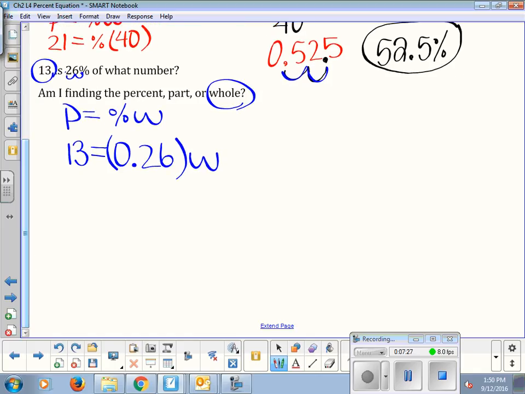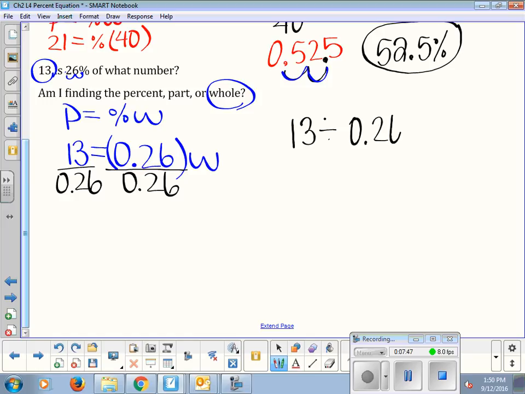We do not know what the whole is, and since we're multiplying, to get W by itself, we have to do the opposite of multiply, which is divide, and we're going to divide both sides by 0.26. So if you want to rewrite it out, it's always your numerator divided by your denominator.